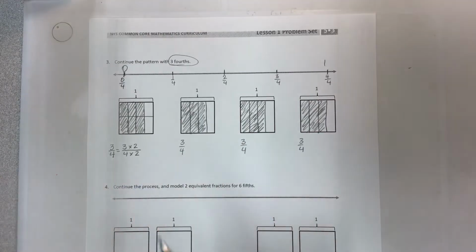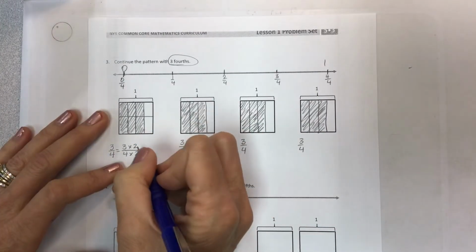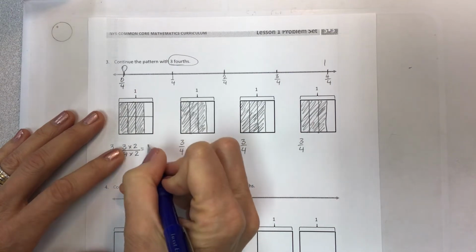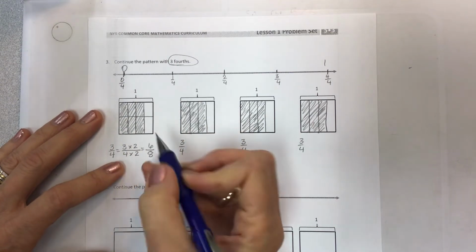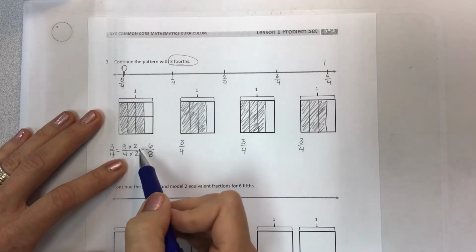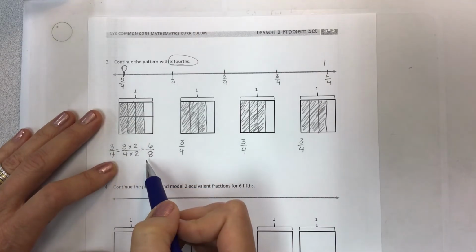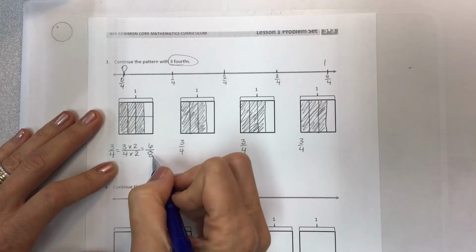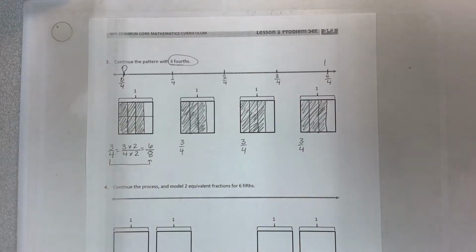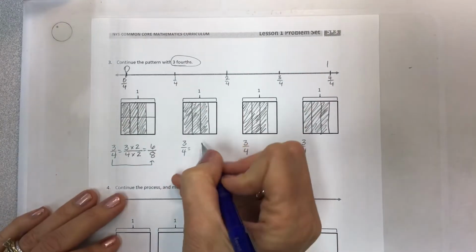Okay, so now we're doubling what the 3 was. That makes 6 shaded parts out of doubling how many total parts. Instead of 4, we have 8. So now we have 6/8 as our equivalent fraction. Notice how the numerator changed on this one.